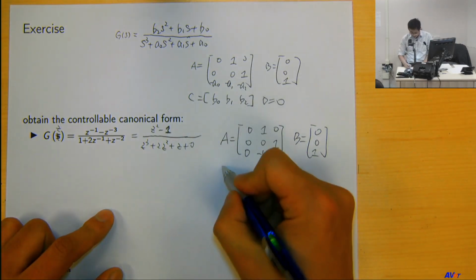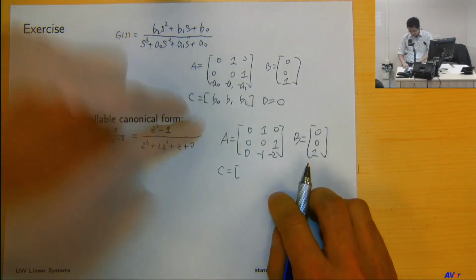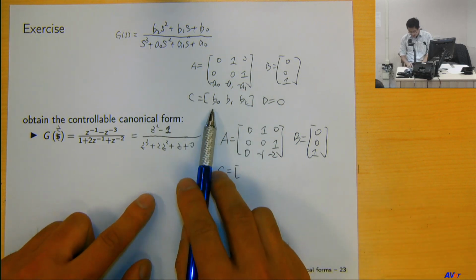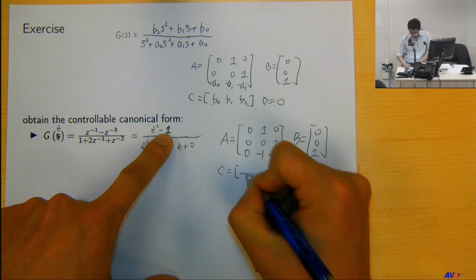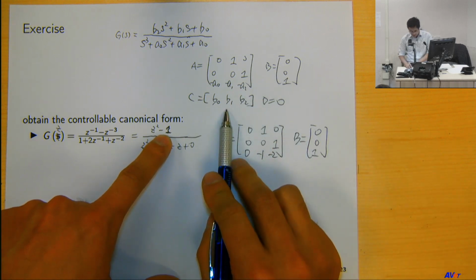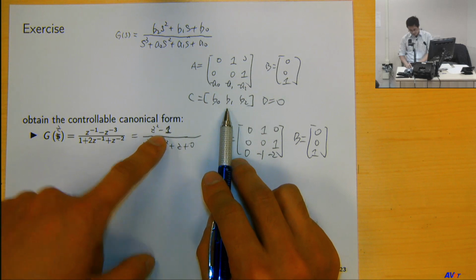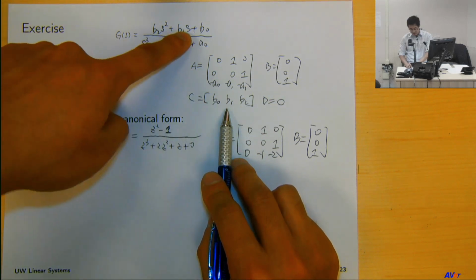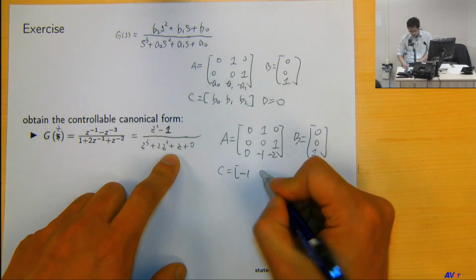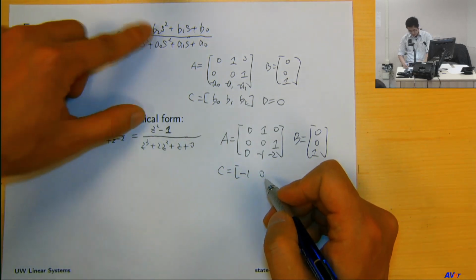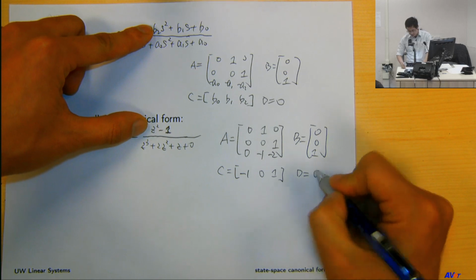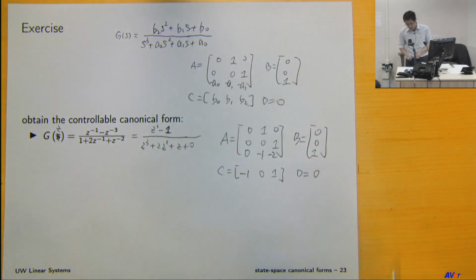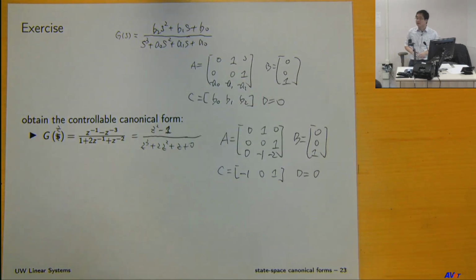C matrix is, take a look at here. So B0 is -1. B1 is, there's no term of z to the power of 1, so it's 0. And then B2 is 1. And then D is 0. So that's the controllable canonical form that I got.